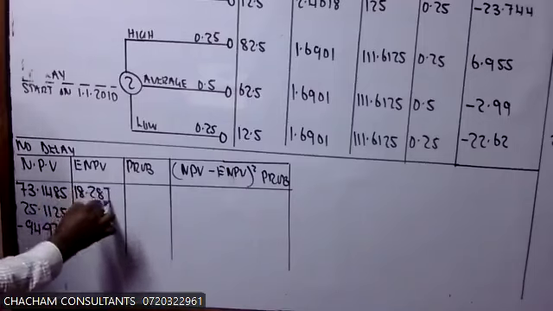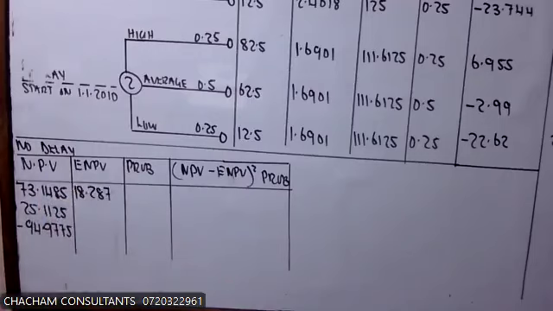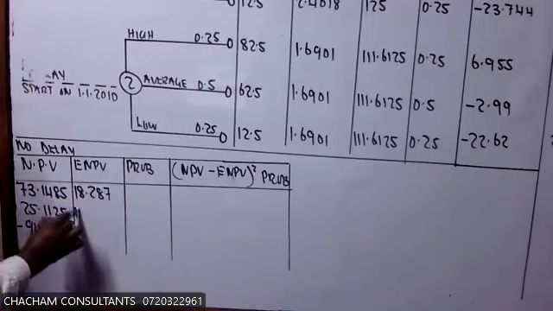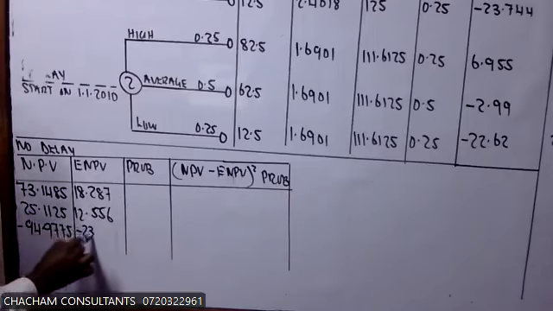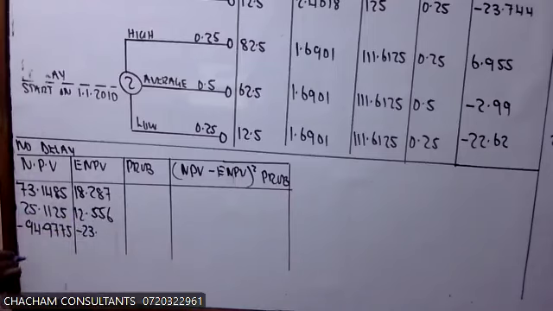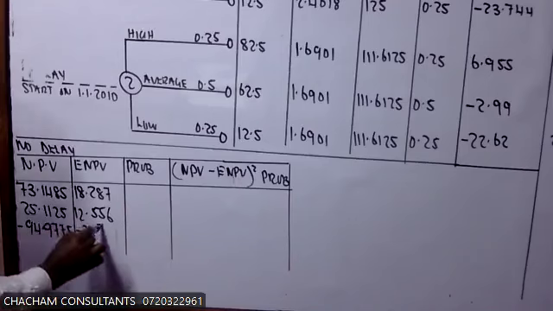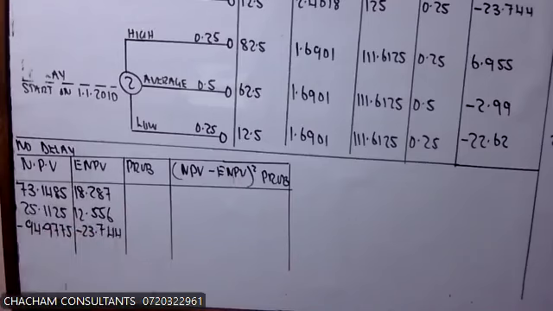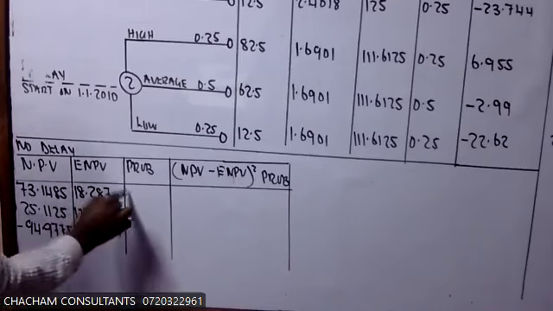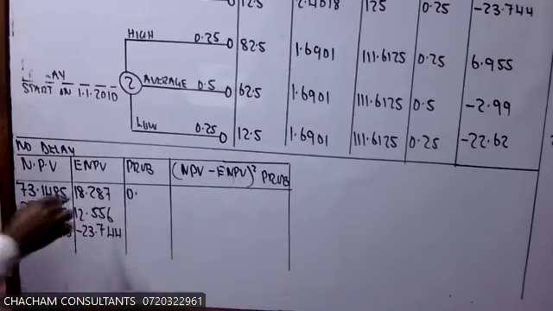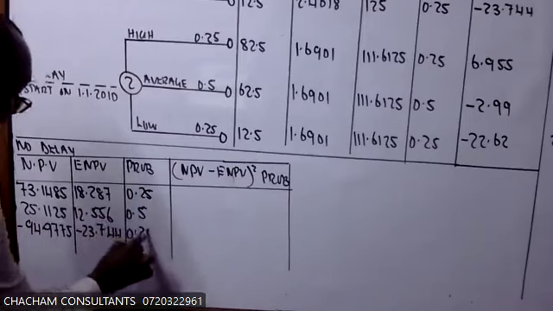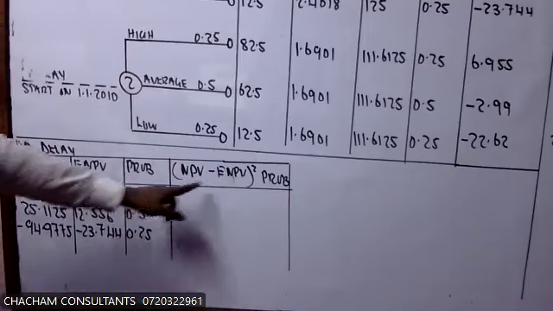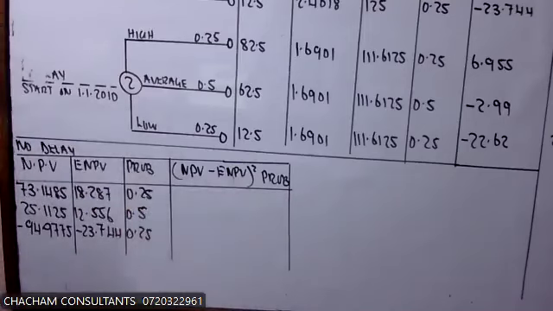18.287. Yeah, now that's okay. 12.556 and negative 23.744. Then you put the probabilities 0.25, 0.5, and 0.25. Then you put them here, you square, you multiply by the probability.